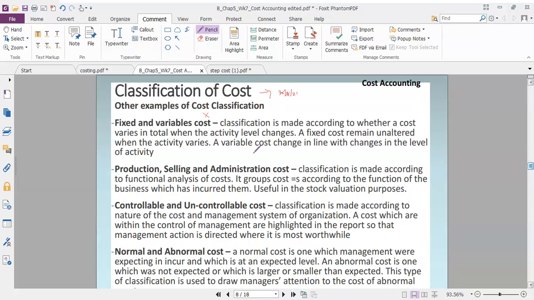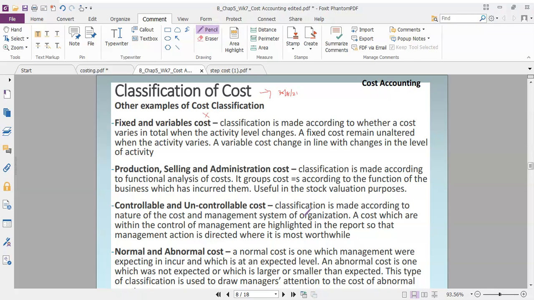Dekat dalam slide lagi satu kita ni ada classification of cost. Okay, controllable and uncontrollable cost. It means that the classification is made according to nature of the cost and management system of organization.